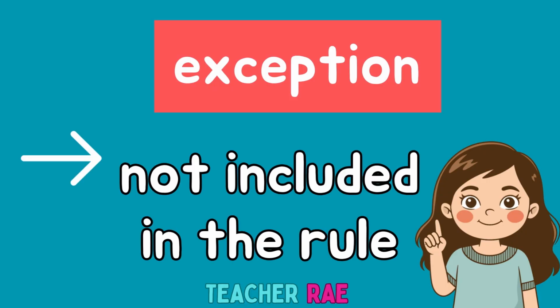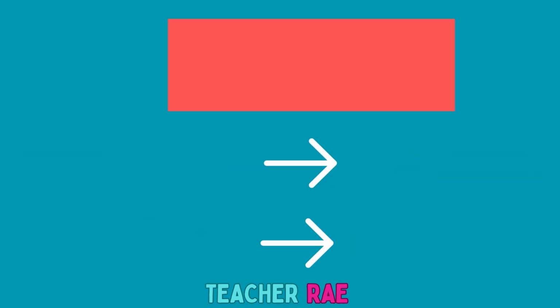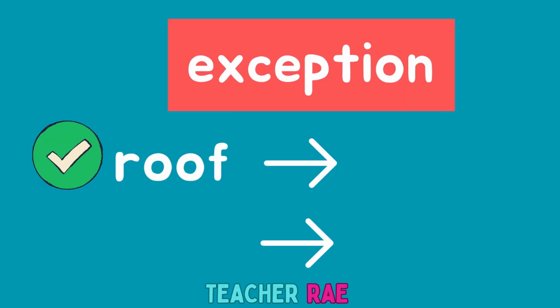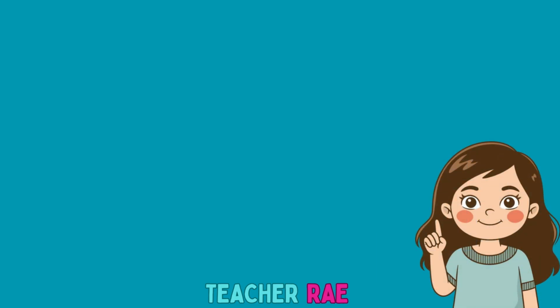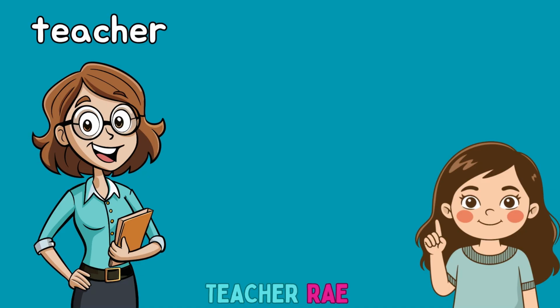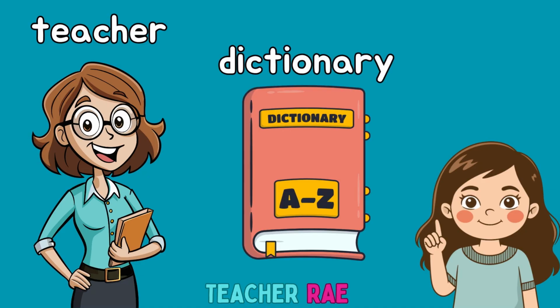It means not included in the rule. Exceptions are words like roof, plural form, roofs, or chief, plural form, chiefs, and some more words. If you are not so sure about a certain word, you may always ask the help of your teacher or check the dictionary.